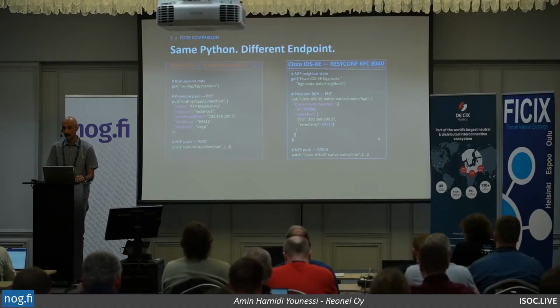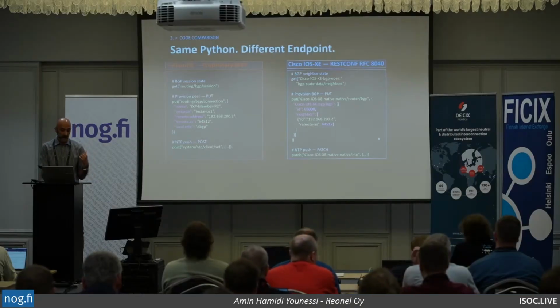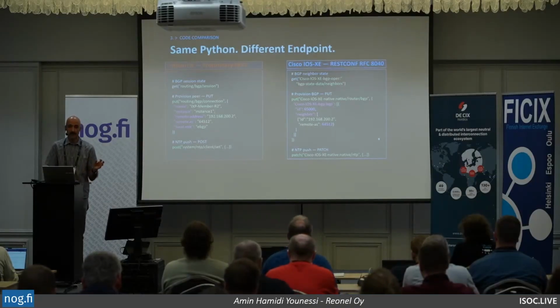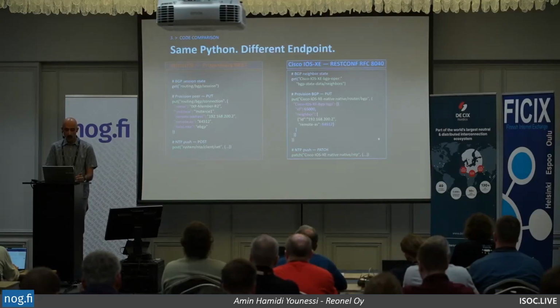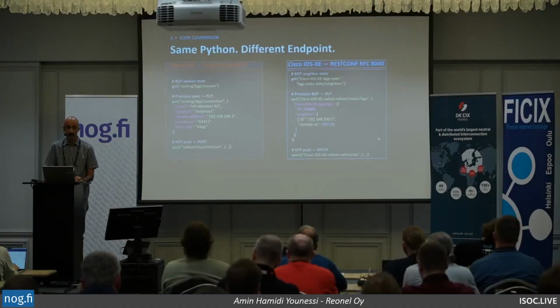Am I correct? The only difference here is the payload, and nothing more than that. And in the last part of the code, as an example to push an NTP configuration, we have POST with MikroTik in order to push some configuration, and PATCH for Cisco, in order to configure our NTP configuration on our Cisco as well.